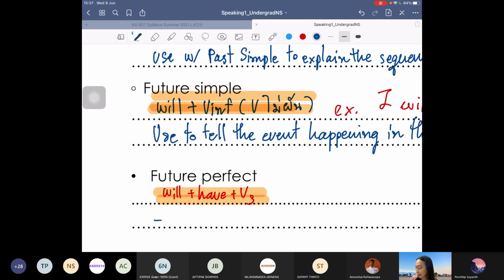We use it to explain what is going to be finished in the future.